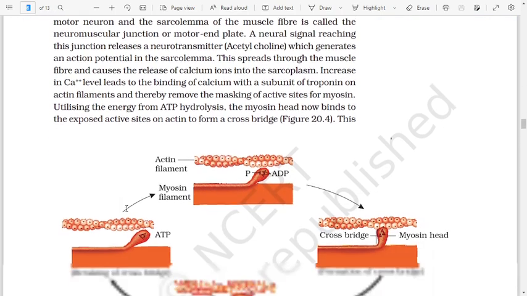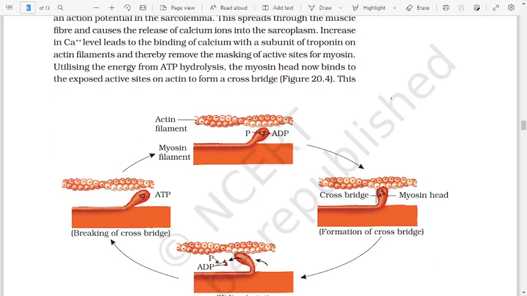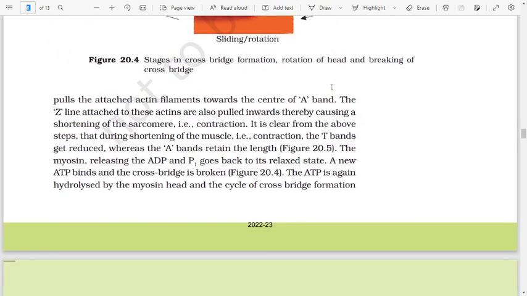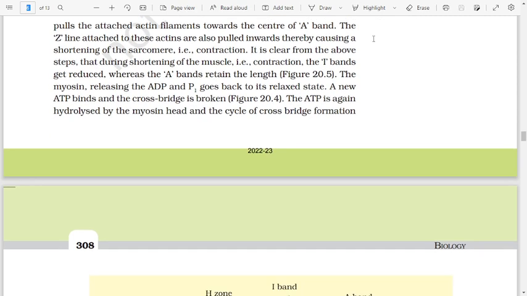Utilizing the energy from ATP hydrolysis, the myosin head now binds to the exposed active site on actin to form a cross bridge, figure 20.4. This pulls the attached actin filaments toward the center of the A band. The Z lines attached to these actins are also pulled inwards, thereby causing a shortening of the sarcomere, i.e., contraction.